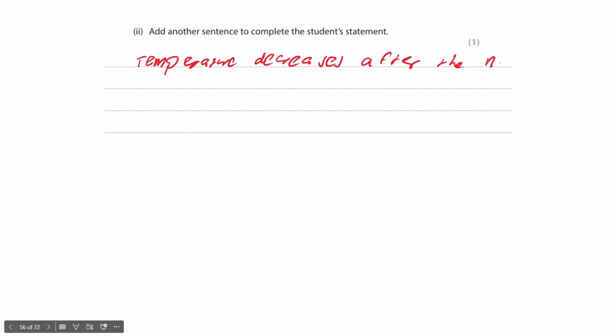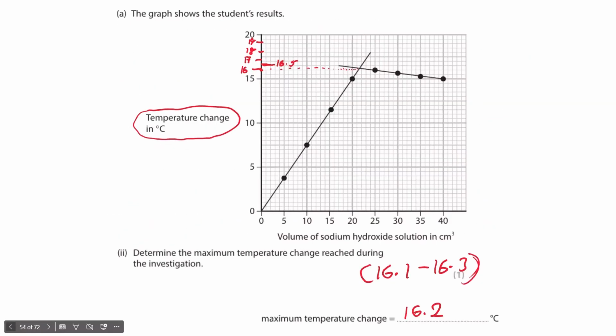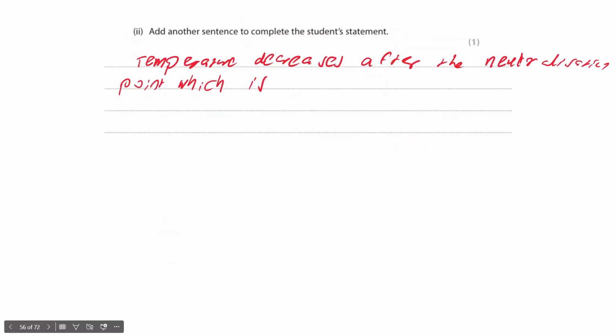After the neutralization point, which is, I forgot, let's go back and see, 21.5 cubic centimeters. So for a 1 mark question, that's enough.